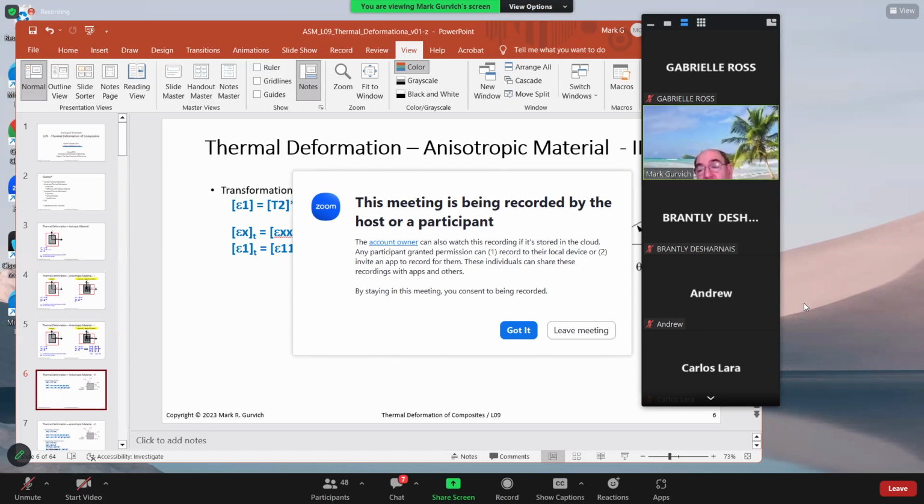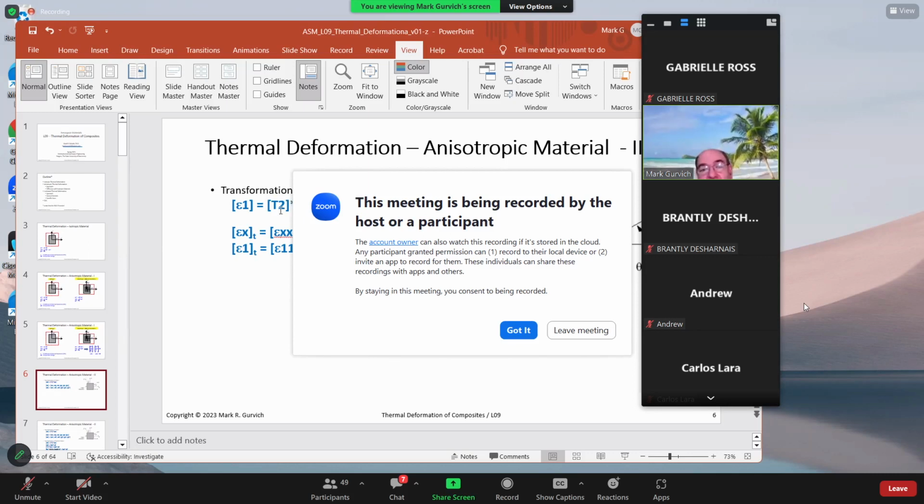the equation for transformation of strains. We already know it from our previous lecture, and we know that the correlation between strain in coordinate system 1 and 2, defined as a vector epsilon sub 1, is directly proportional to strain in coordinate system X and Y, defined as epsilon sub X, with matrix T2.